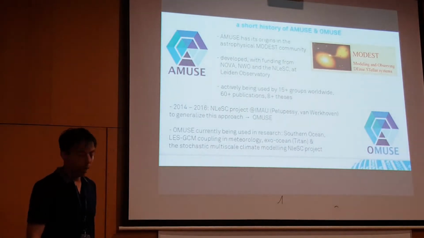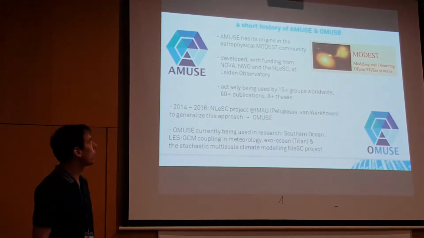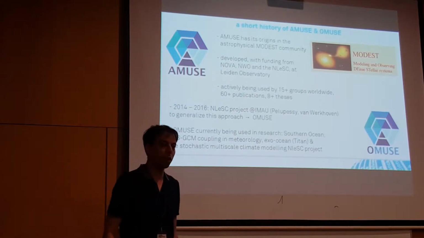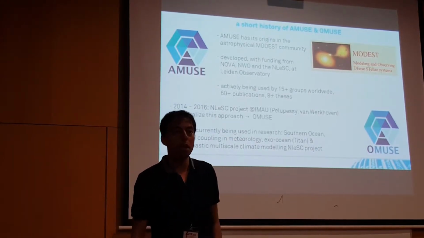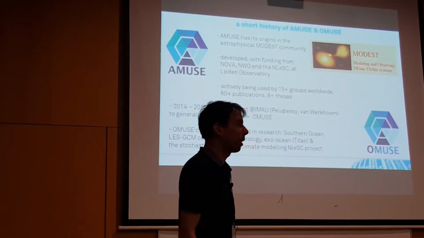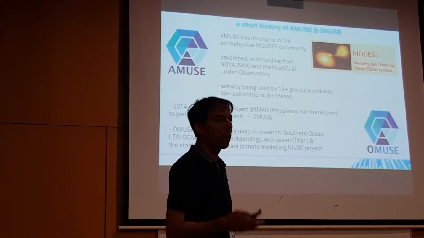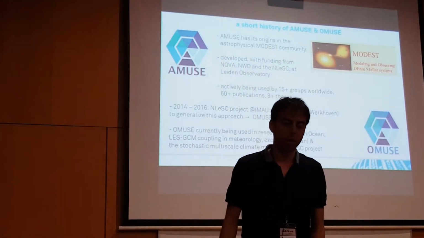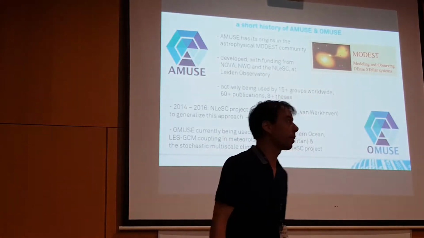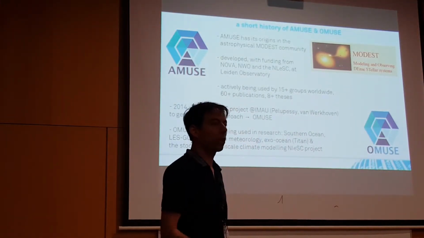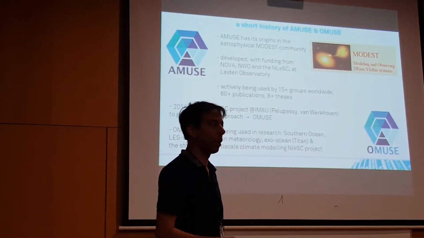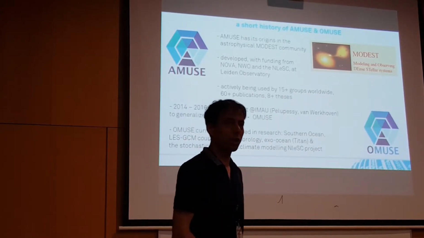Now, a little bit of history. AMUSE was started in the astrophysical MODEST community, which stands for modeling dense stellar systems, and they ran into this problem where they wanted to go beyond gravitational simulations. So they talked to the stellar evolution people and said, can we use your stellar evolution codes?